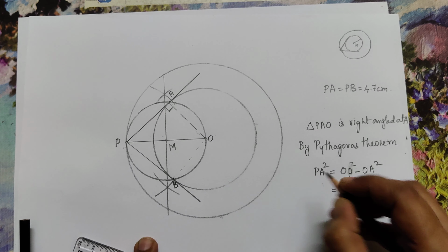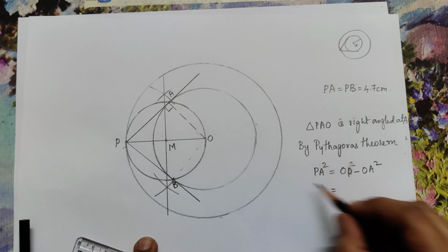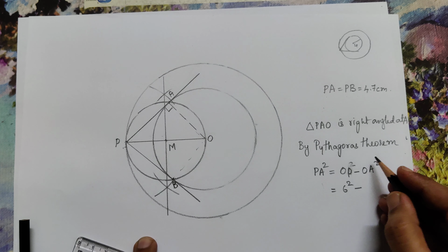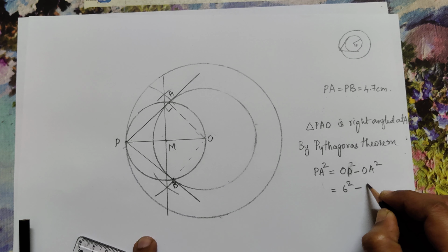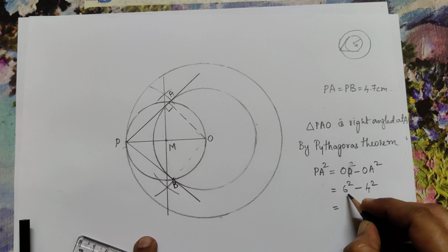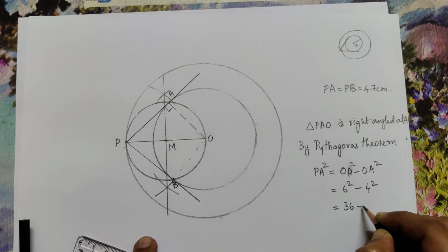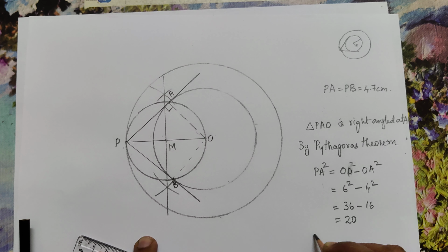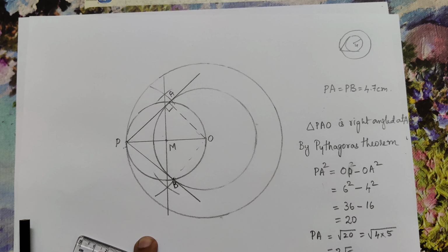OP is the radius of the big circle, 6 square, minus OA is the radius of your original circle, 4 square, equal to 36 minus 16 equal to 20. Then what is PA? Square root of 20. Root of 4 into 5 or 2 root 5 you can write.